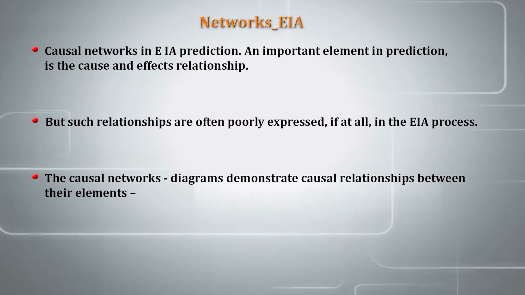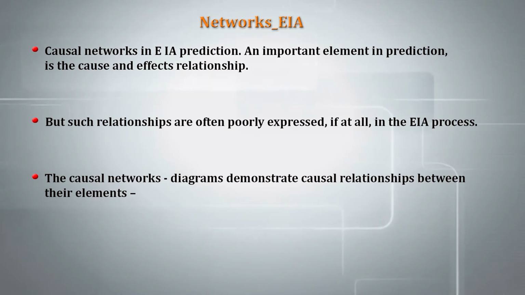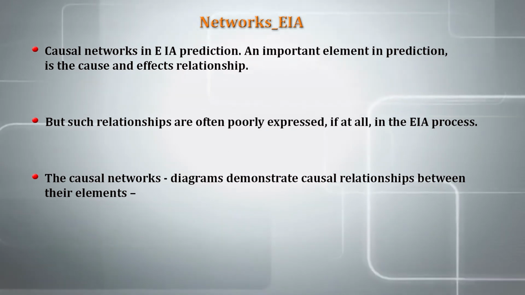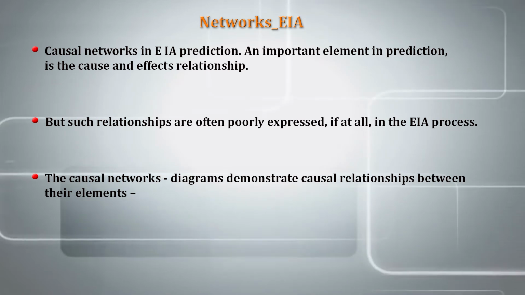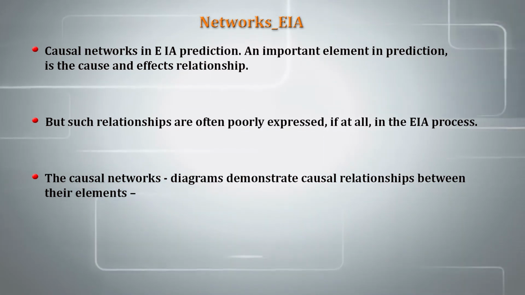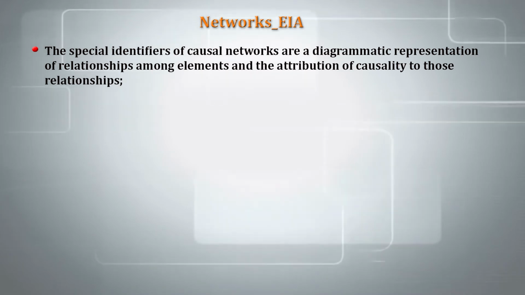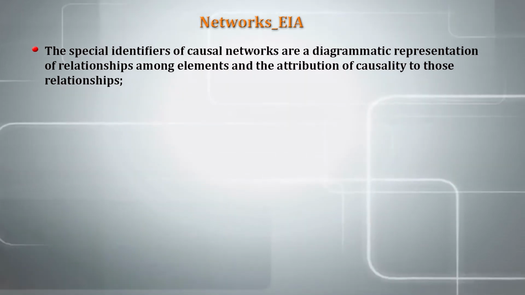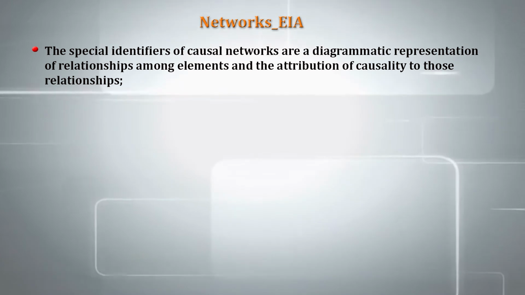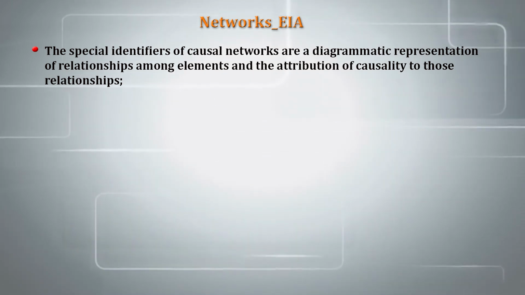The causal network diagrams demonstrate the relationship between the elements of the project and the environment. The special identifiers of causal networks are the diagrammatic representation of relationships among the elements, and the attribution of causality to those relationships.